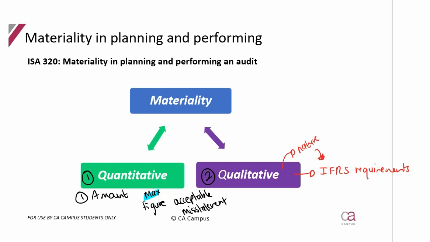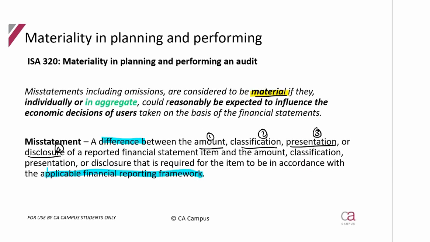Quickly look back at the previous slide. It is said that a misstatement is material if they individually or in aggregate could reasonably be expected to influence the economic decisions of the users.